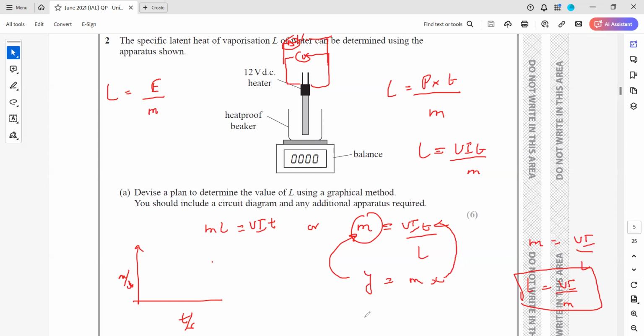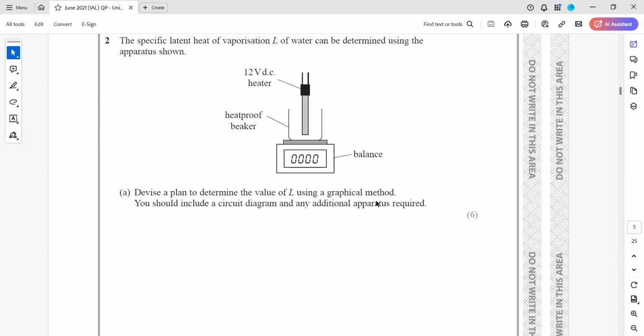Then repeat the experiment with 5 or 8 different masses, and plot a graph with mass on the y-axis and time on the x-axis. Find the gradient. Then voltage times current divided by the gradient will give us the latent heat of this object. So planning an experiment is important, like it's a 6-mark question.